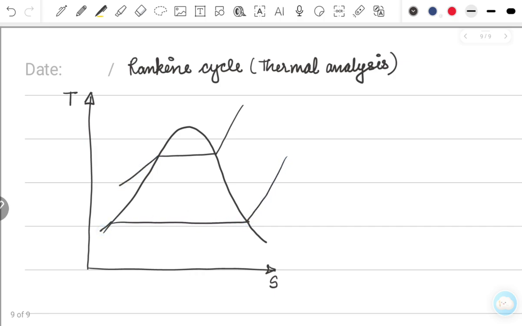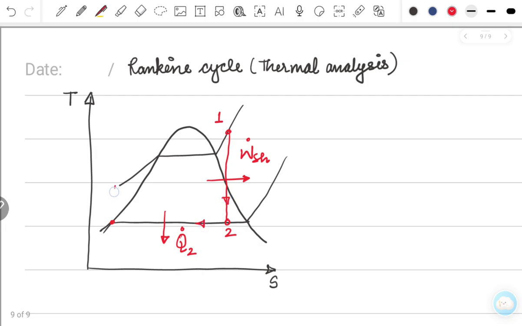so here the first process is reversible adiabatic expansion, which happens in the turbine, and in this case we get the shaft work. Then the second process is isobaric heat rejection, which happens in the condenser where the heat loss takes place.